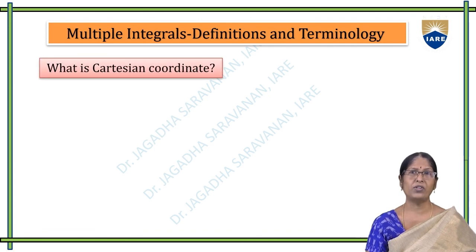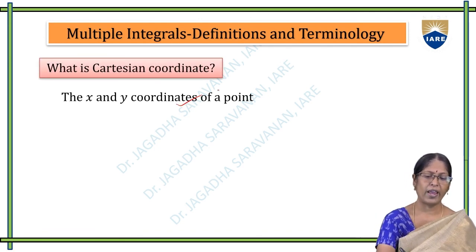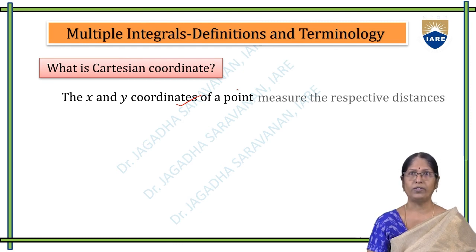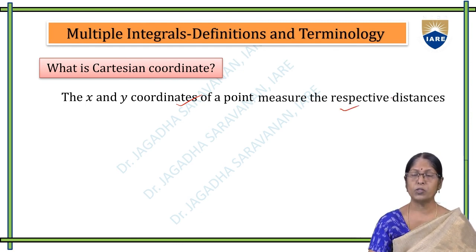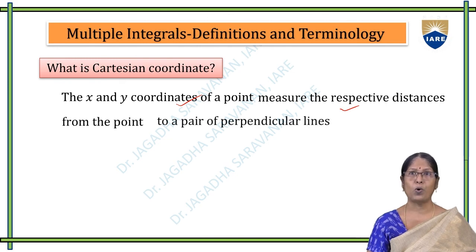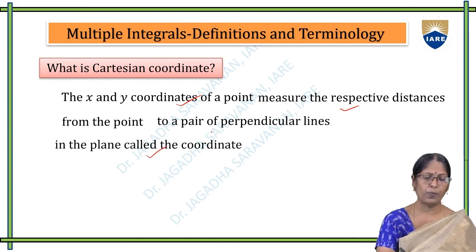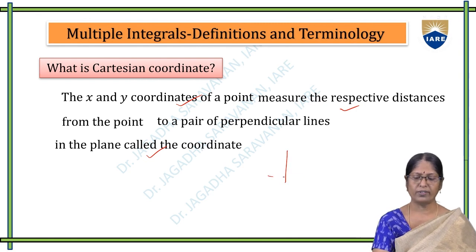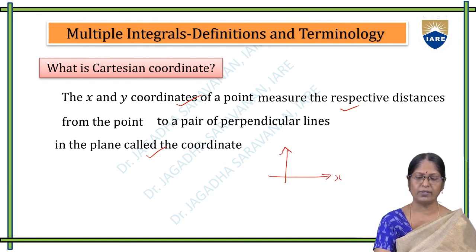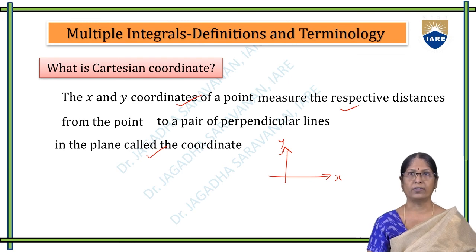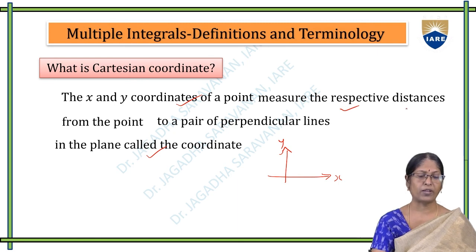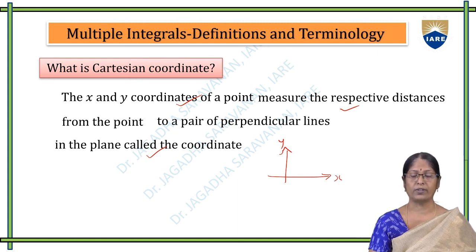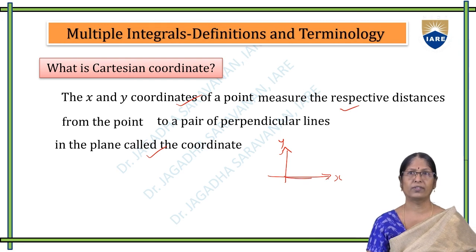Next, what is the Cartesian coordinate? That is the xy coordinates of your point. Measure the respective distances from the point to a pair of perpendicular lines in the plane, which are called coordinate axes. That is the Cartesian coordinate system. We can see this is the x-axis, this is the y-axis. To locate a point, we measure the respective distances from the point, from here and from here.